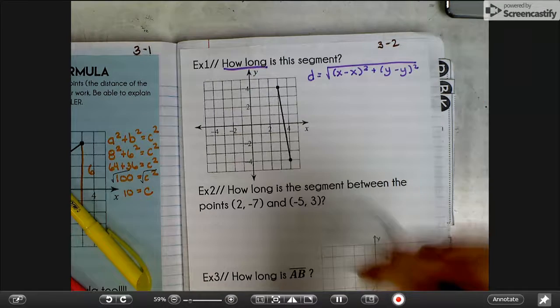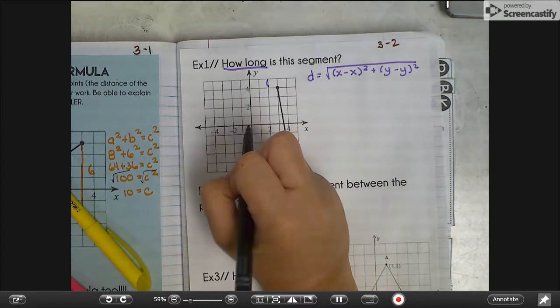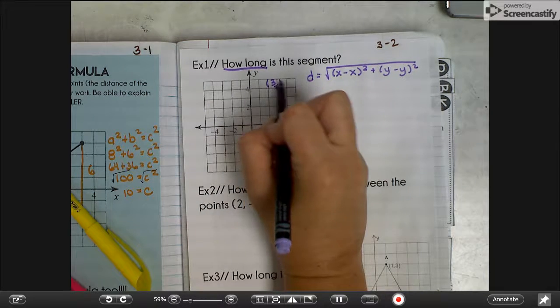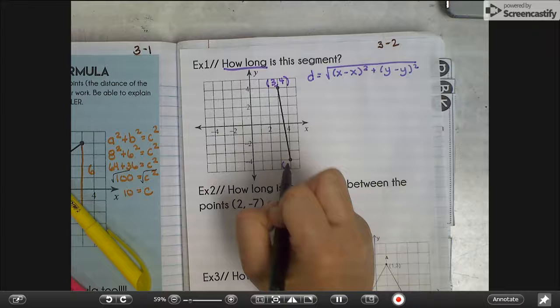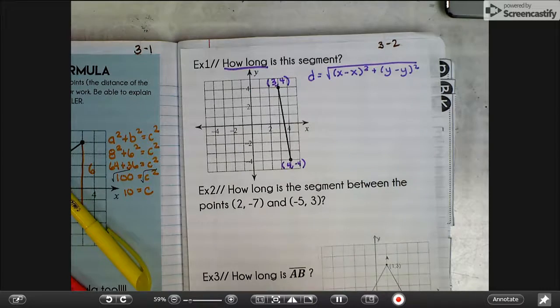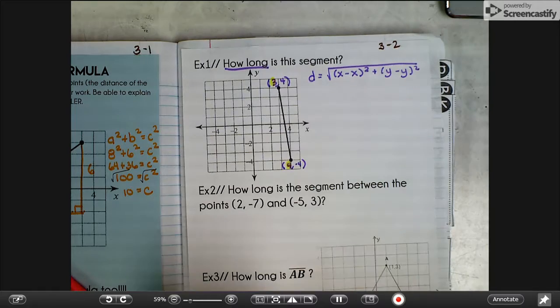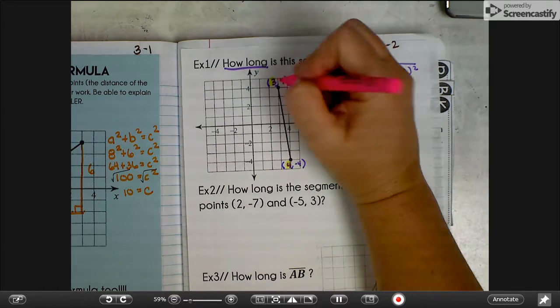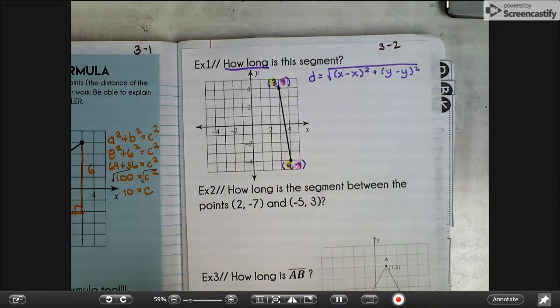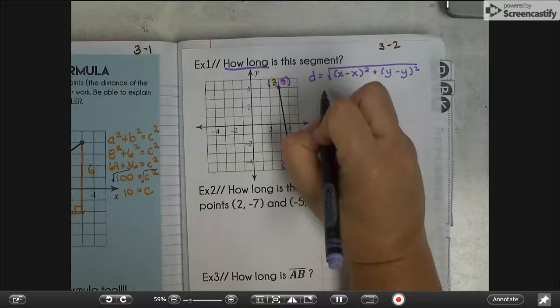So our coordinates are 3, 4, and 4, negative 4. These are our x's, the first coordinate, and our y's. Make sure when you use the distance formula, you're actually putting the x's together and the y's together instead of a coordinate together.